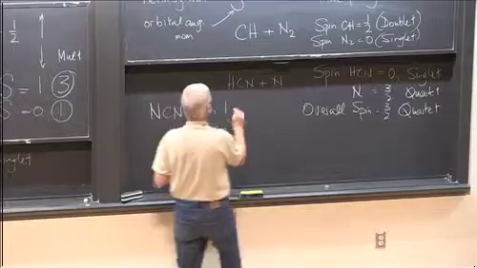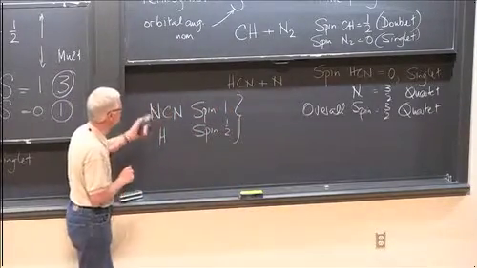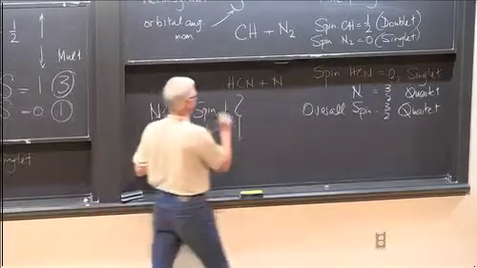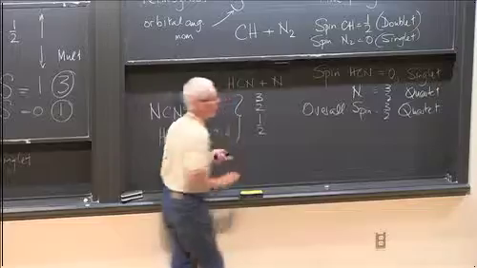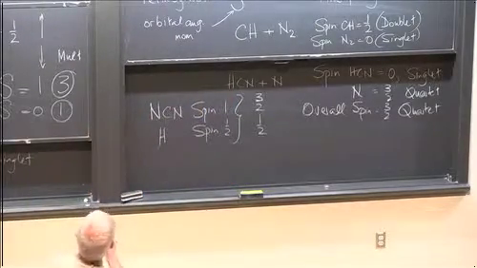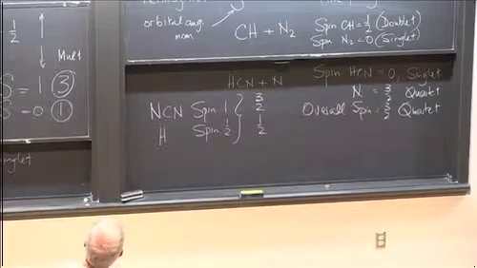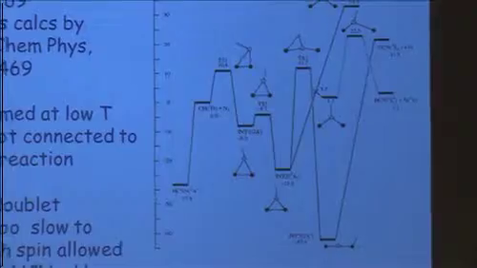And we can combine these, either adding them together. So the overall spin for NCN plus H is going to be either 3 over 2 or a half. And the surface that I've shown there is the spin a half surface. So these products here are formed from this spin a half surface.